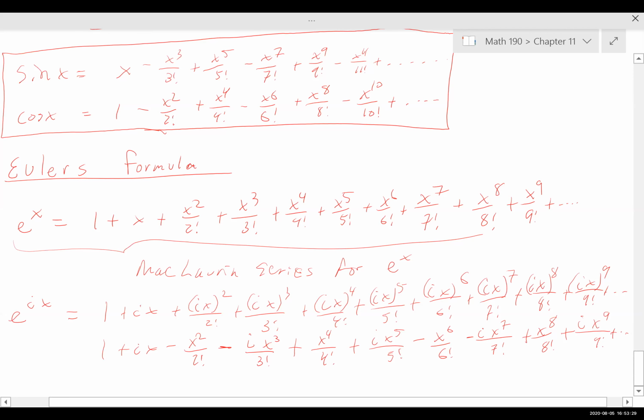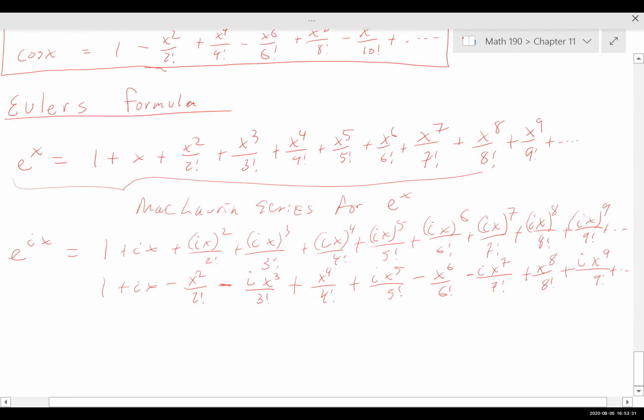Now I'm going to group these: terms that have i in them and terms that don't.